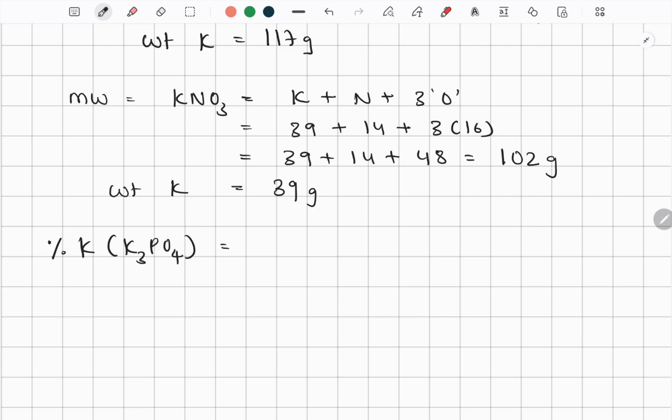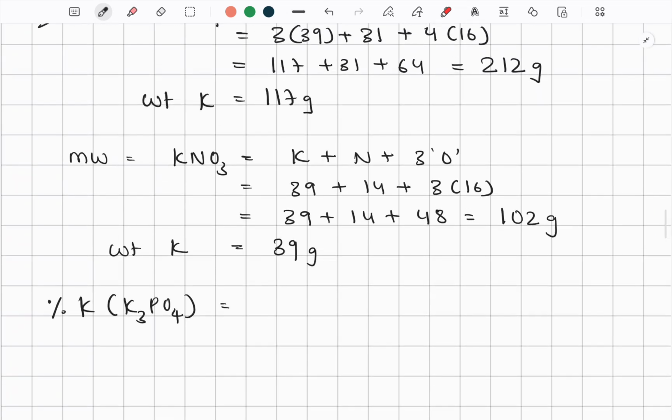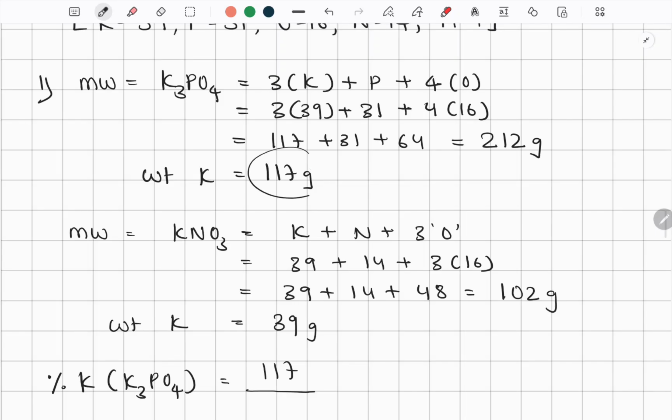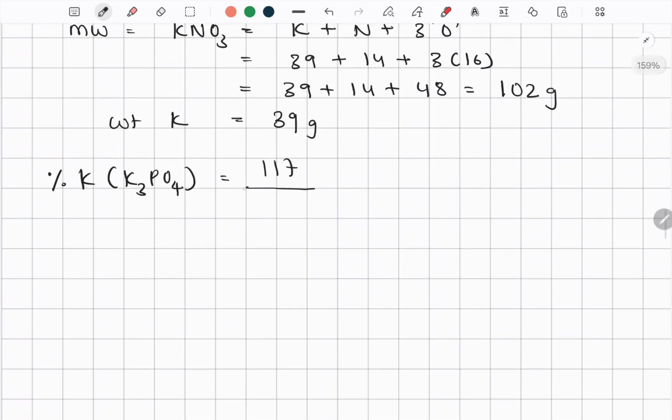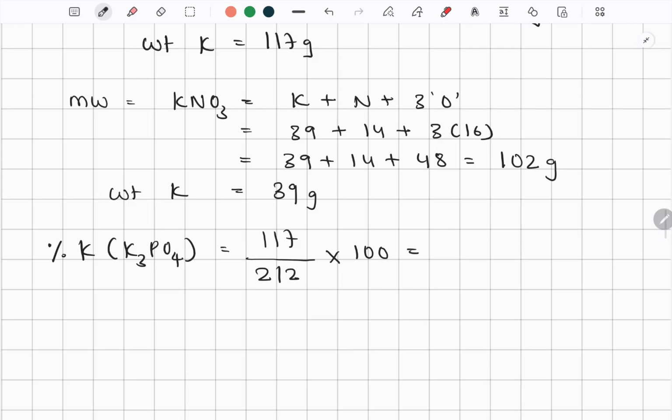Now let's calculate the percentage of potassium in potassium phosphate first. In the numerator will come the total weight of potassium, which is 117 gram, and in the denominator the molecular weight of potassium phosphate, 212. When we multiply by 100, we get 55.18%.